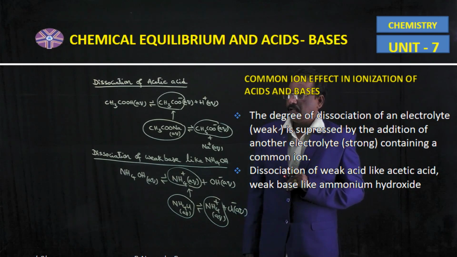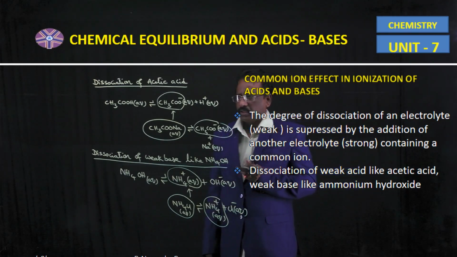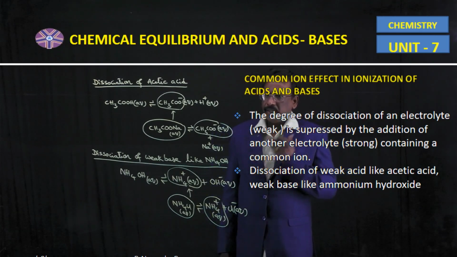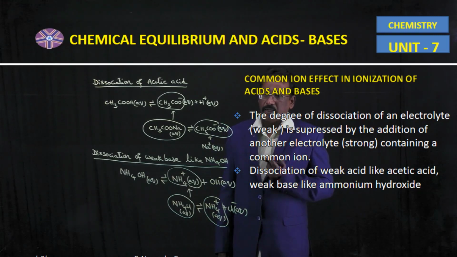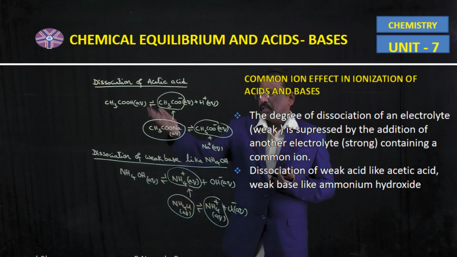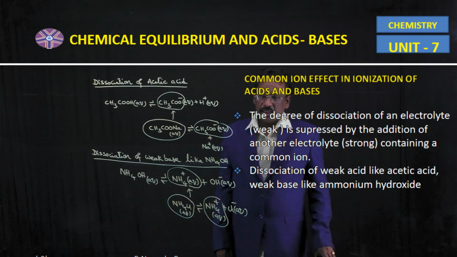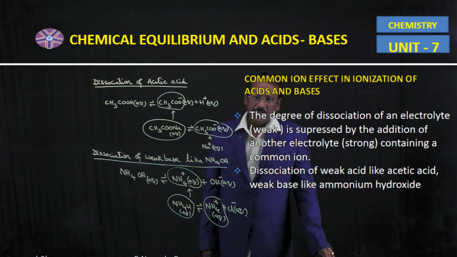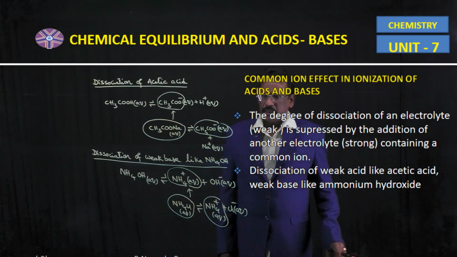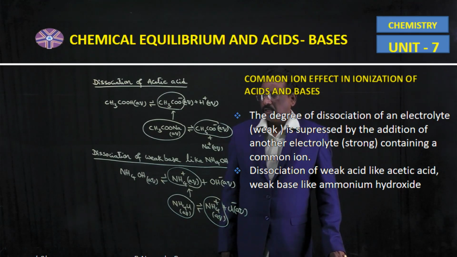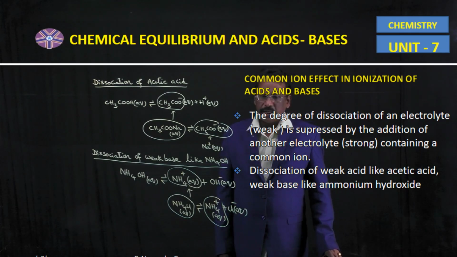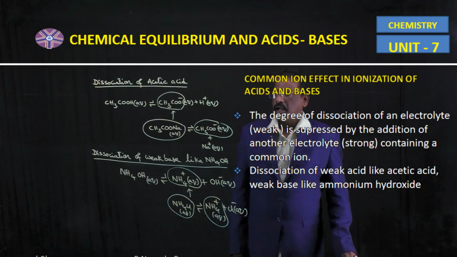So finally, what is meant by the common ion effect is that the degree of dissociation of an electrolyte, generally a weak electrolyte, is further suppressed by the addition of another electrolyte, generally a strong electrolyte, which contains a common ion.